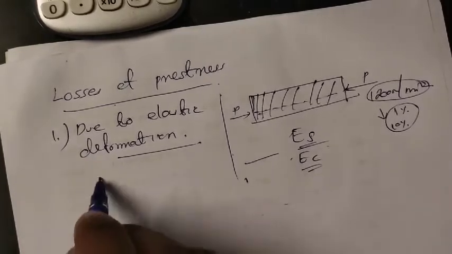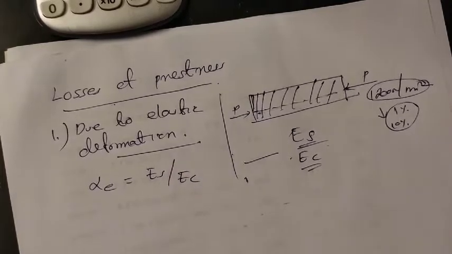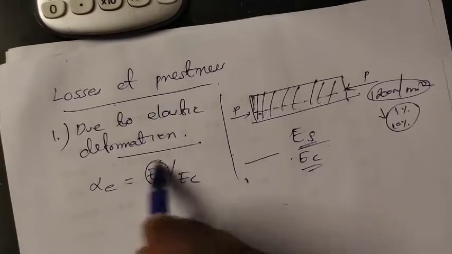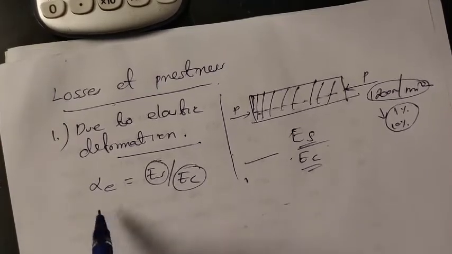We can calculate it by alpha e equal to Es by Ec, where Es is the modulus of elasticity of steel and Ec is the modulus of elasticity of concrete.